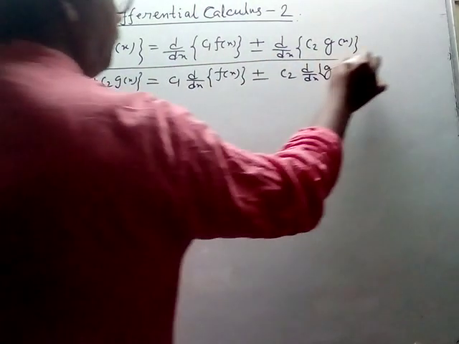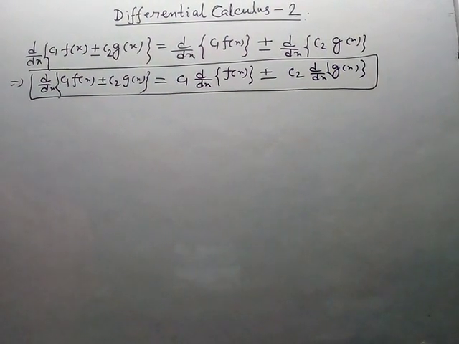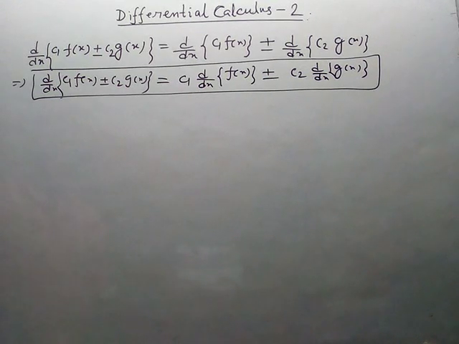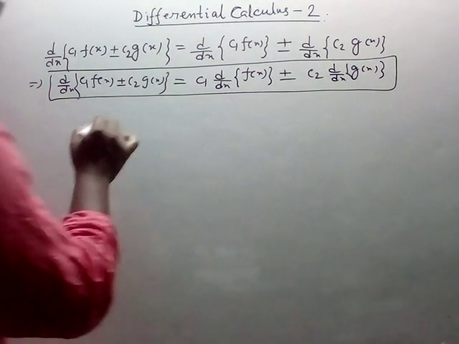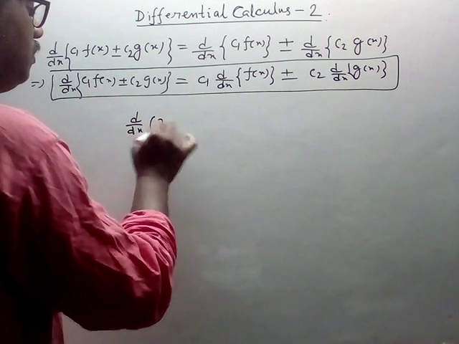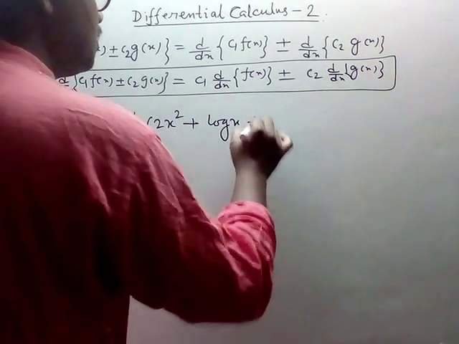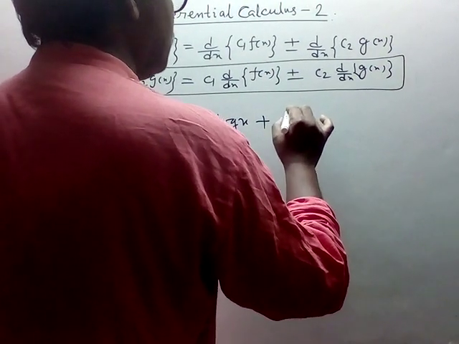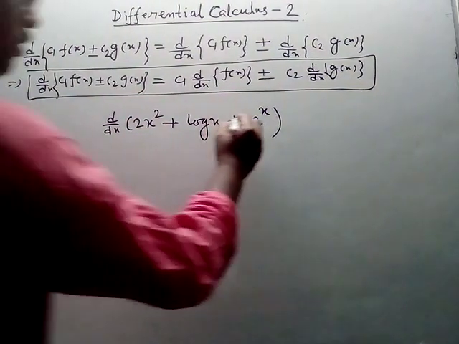This formula is a very important part: the derivative of a combination of functions can be split up into different terms. Suppose d/dx of 2x square plus log x plus 5e power x.